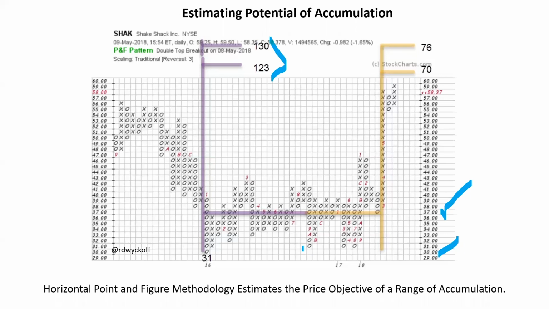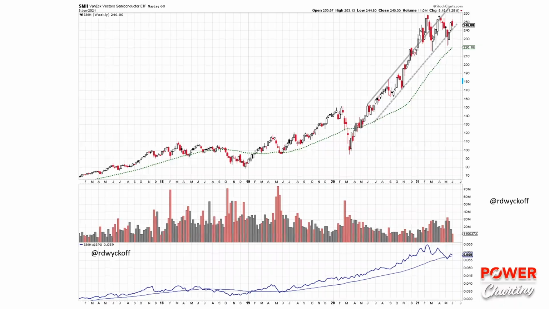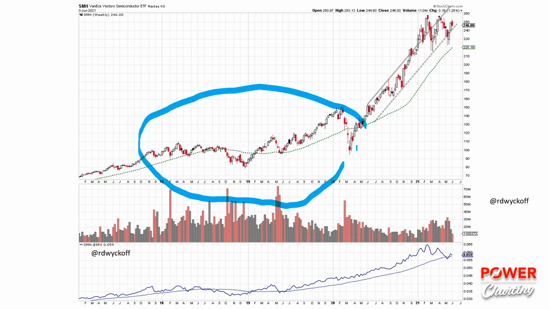This segment worked quite well also as it went up into this zone and then corrected and then continued on to higher prices. So here you can see this is the SMH semiconductors. You can see this very large area.